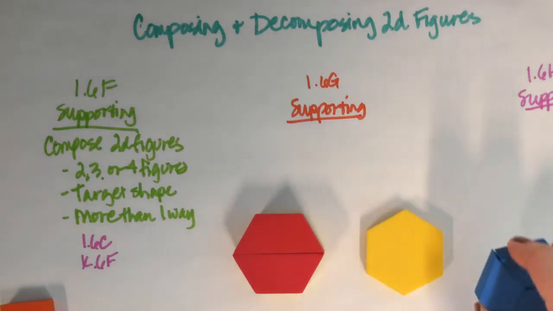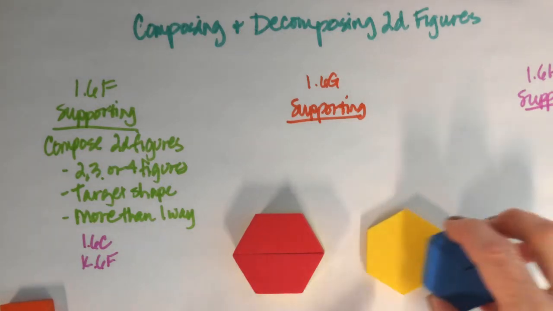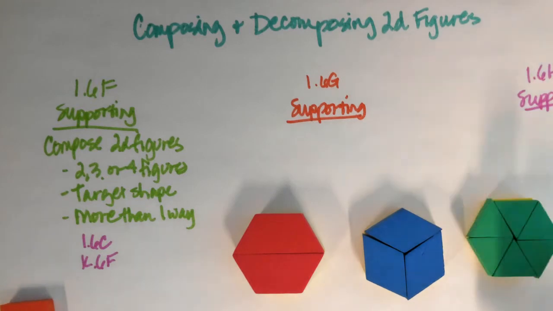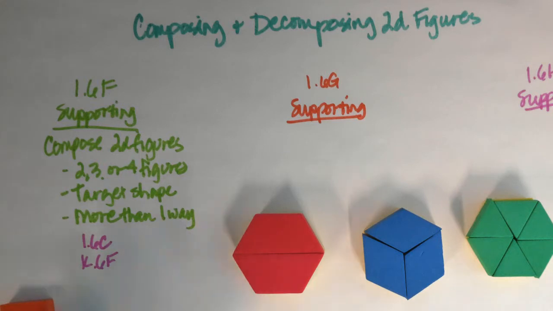So this hexagon is equal to this hexagon. They're the same size. Now, even though I have created or composed a 2D figure, why does it not fit our standard? Well, our standard says 2, 3, or 4 figures. This took 6, so that does not fit our standard.